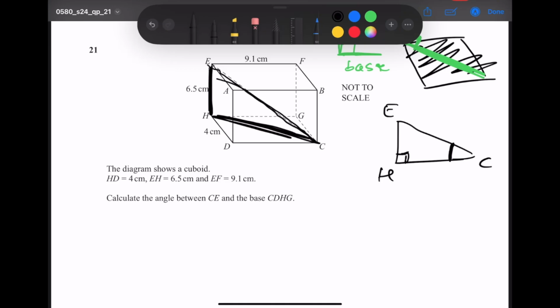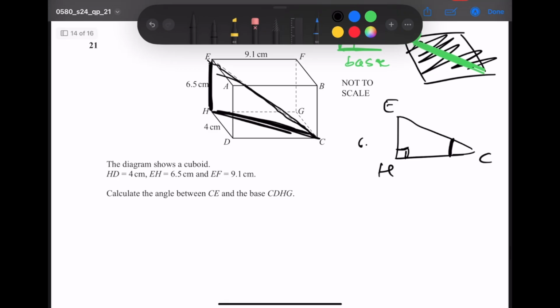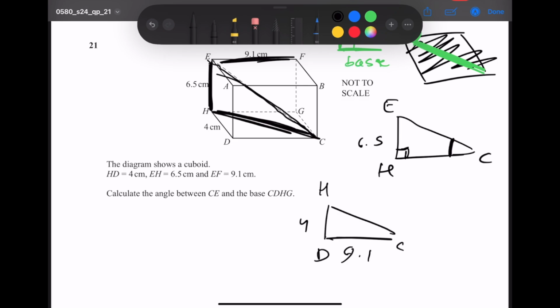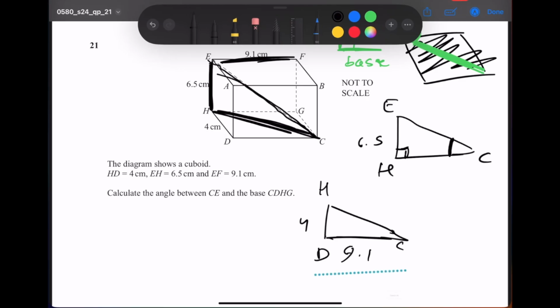So since we know that HE is equal to 6.5 centimeters, and we know that EF is equal to 9.1 centimeters, this means that CD is 9.1 centimeters and DH is 4 centimeters. So through this, we can find the length of the line CH.